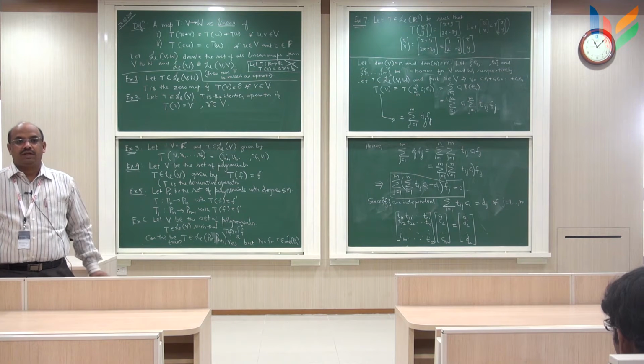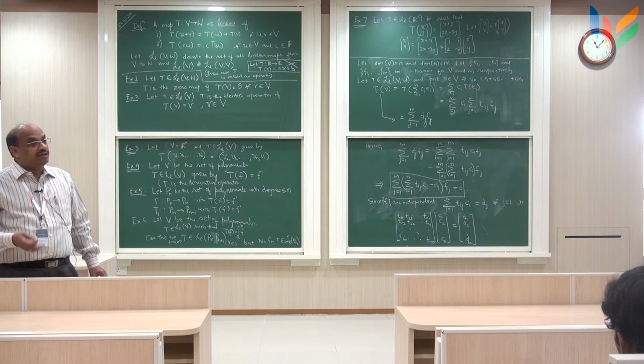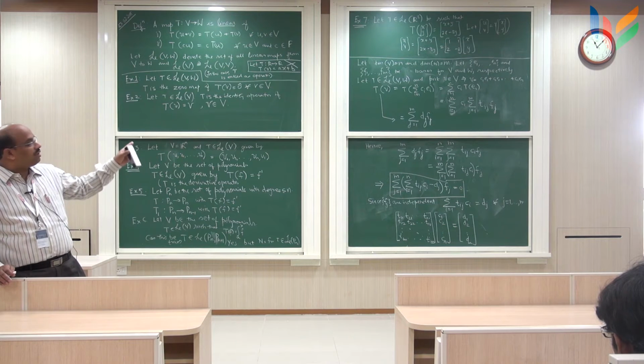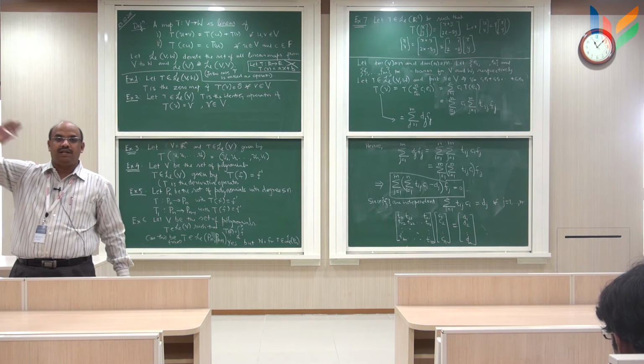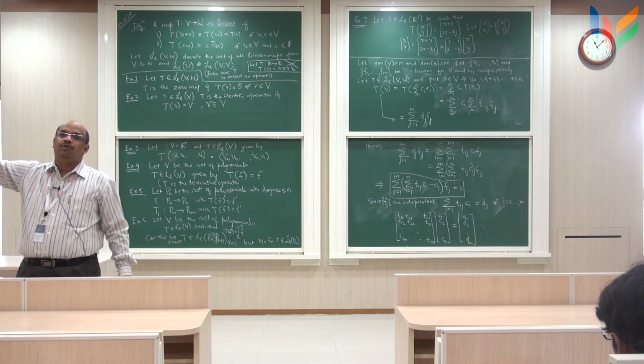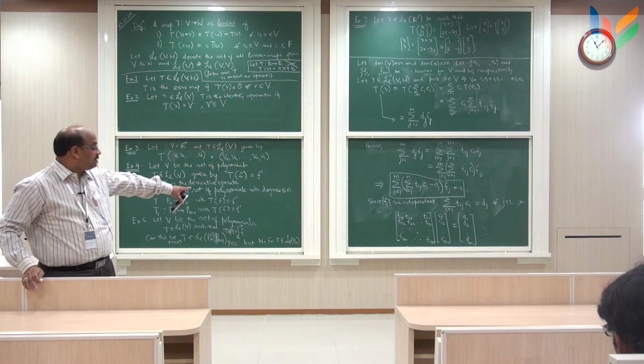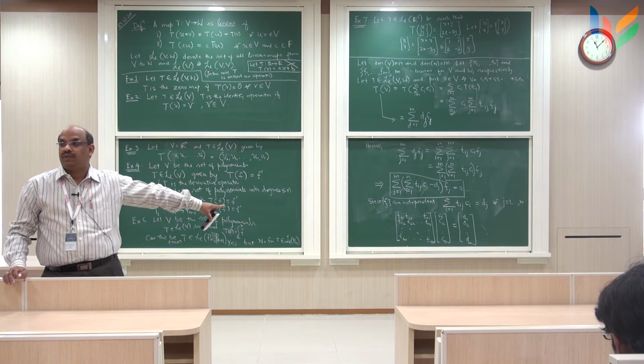Every time we have to restrict ourselves. But this gives us the ability, instead of talking abstractly that T is a linear map on two abstract spaces, to forget about the abstract stuff and just focus on matrices, right?